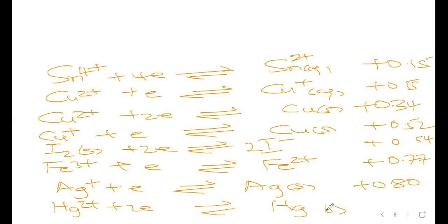This one is a liquid. It's also positive 0.85. Bromine liquid, giving us bromide ions, 2 of them. Electrode potential here is positive 1.07.